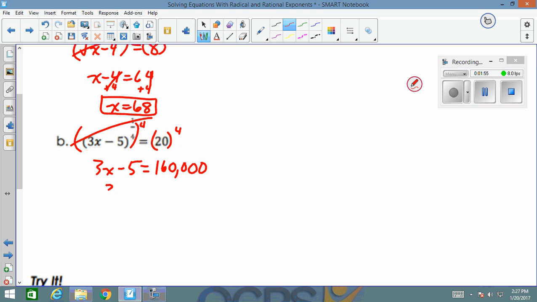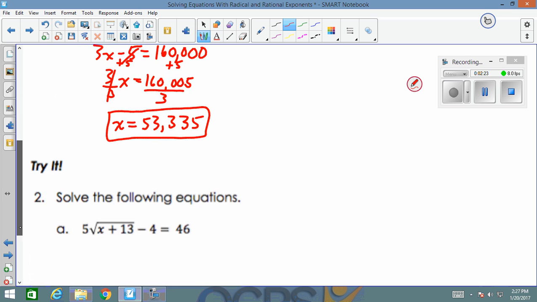And we're going to add the 5 to both sides. 3x equals 160,005. Divide both by 3. So you get x equals 53,335.